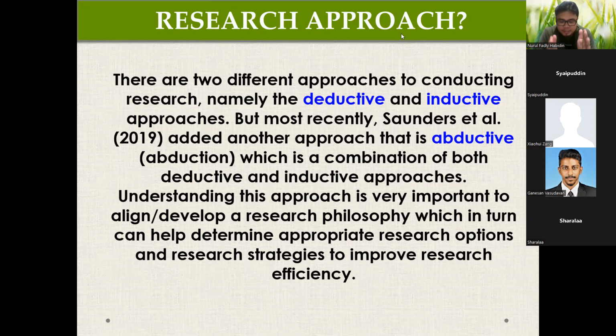So in the initial stage of Chapter 3, you need to write your research design and research philosophy to make sure which is the best method or design for your thesis. I hope everyone gets some clarity on this topic. If you still need to ask questions, you can ask in the WhatsApp group.